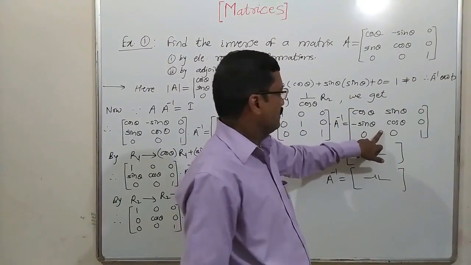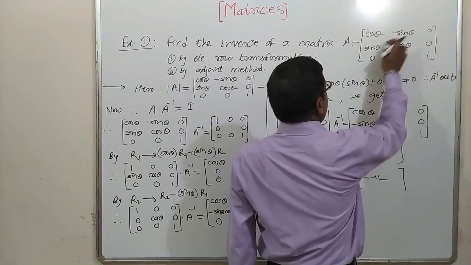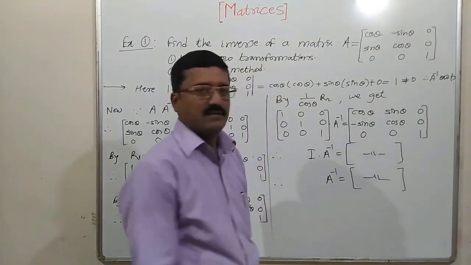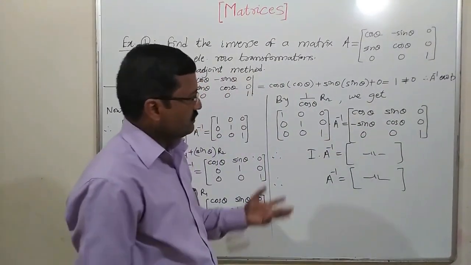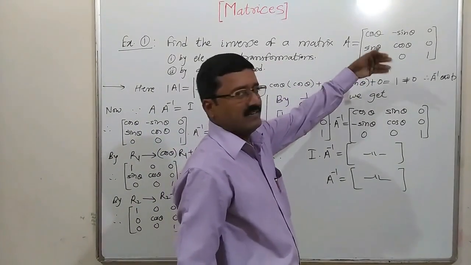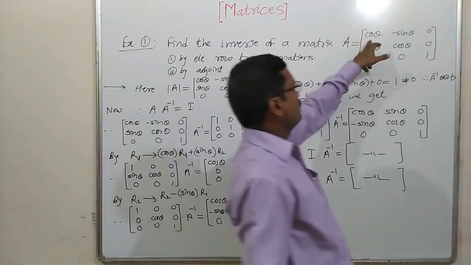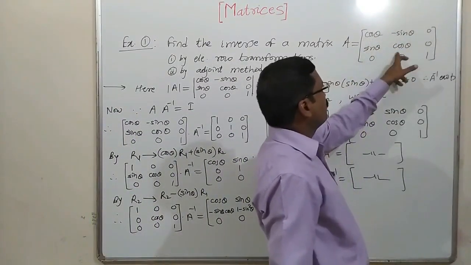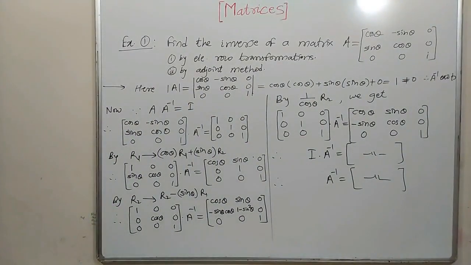What will be the change? Only the negative sign gets interchanged. This sin theta and minus sin theta, their negative signs are interchanged. So that will be the answer. So if you observe this matrix, then by observation you can give the answer of its inverse, that is cos theta sin theta 0, minus sin theta cos theta 0 and 0 0 1. So this is a very simple example.